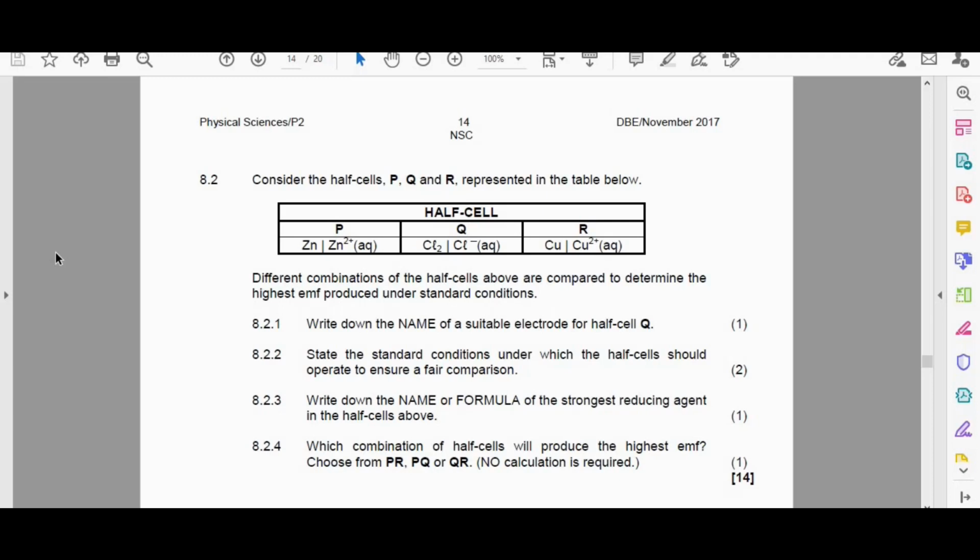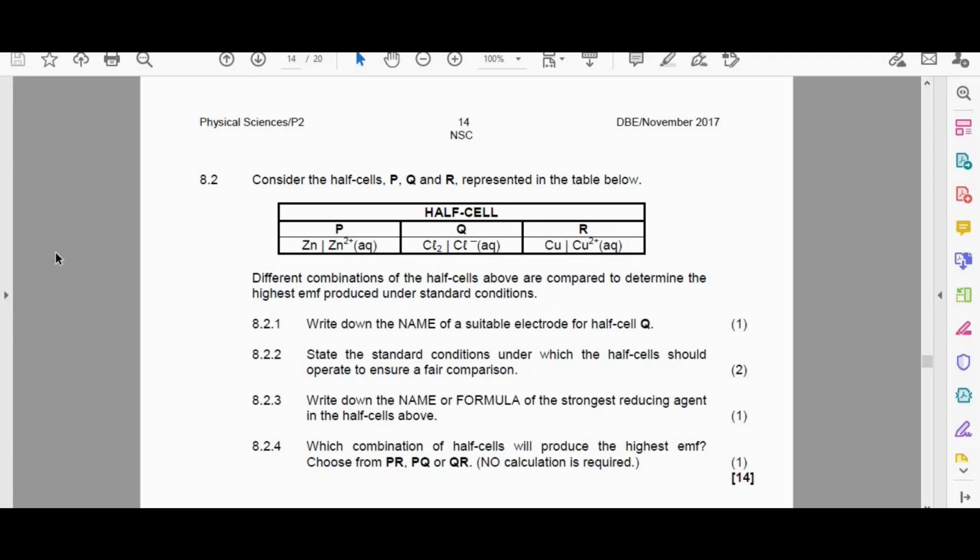So we know the values of all the half cells, and we know that the calculation goes cathode minus anode. So if we take, for example, chlorine, which has 1,36, and copper 2 plus only has 0,34.